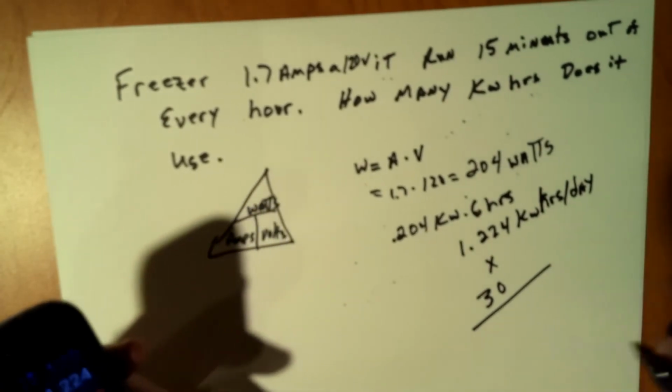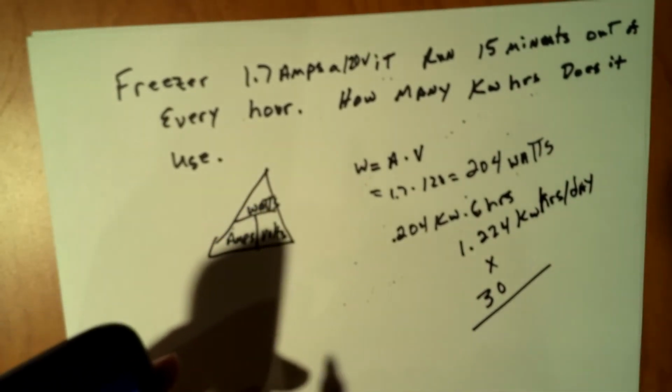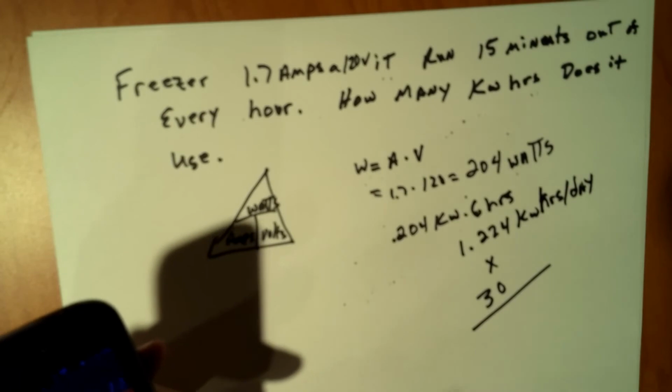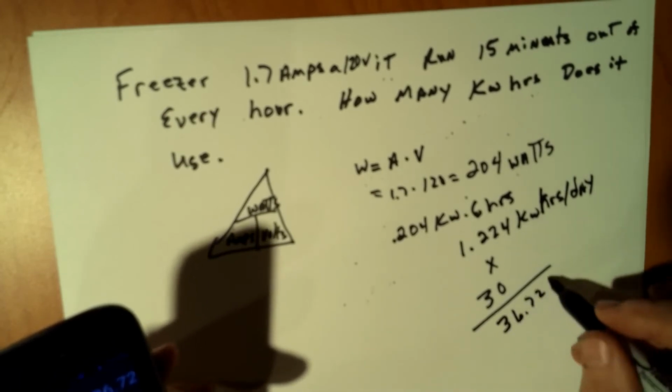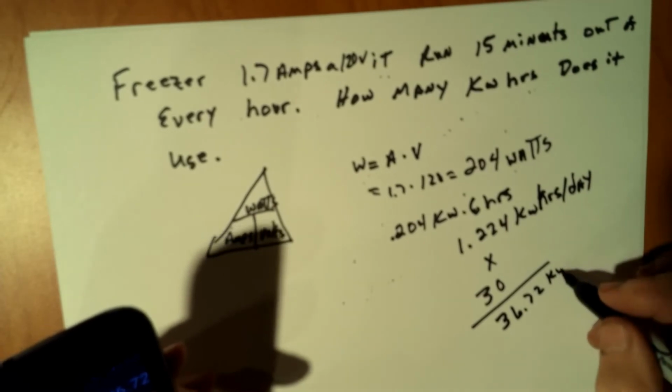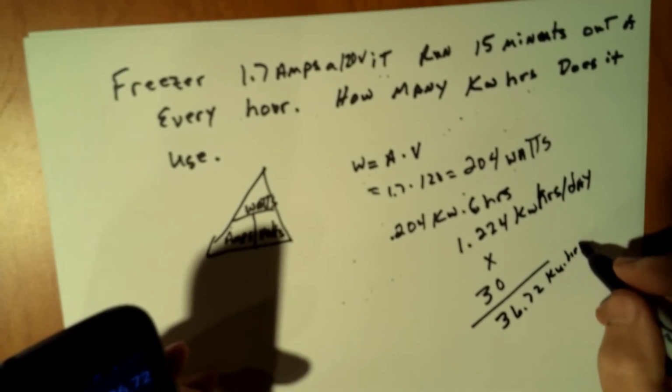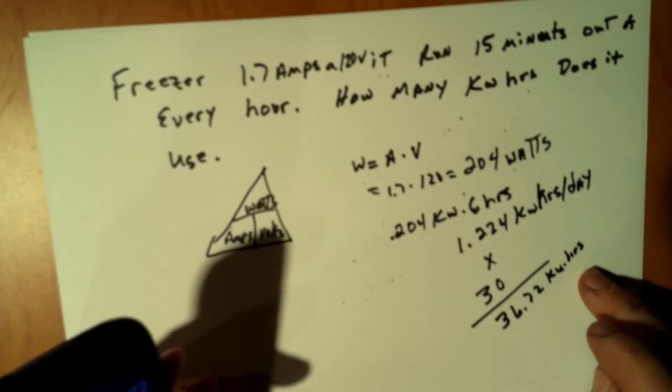And why do I use 30? Because that's a month. Times 30 is 36.72 kilowatt hours that freezer uses in a month.